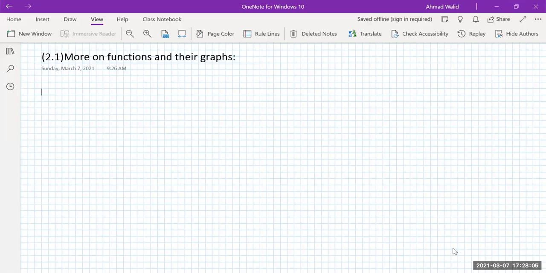Hello, all. Let's start part 2 of section, actually 2.2, not 2.1. It's written here 2.1. Mistake, 2.2. More on functions and their graphs.